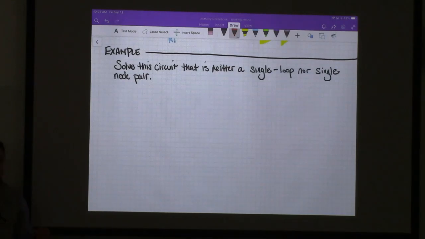There's lots of different ways to do it. The first way we're going to learn is to take a circuit that's not a single loop or a single node pair and try to reduce it down to one of those two, and see if there's a way that using very small changes we can do that. And a lot of times the answer is yes.